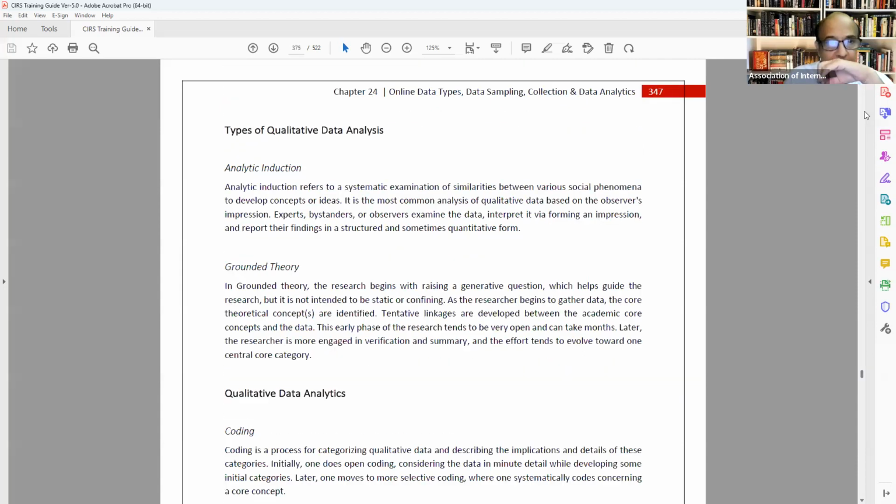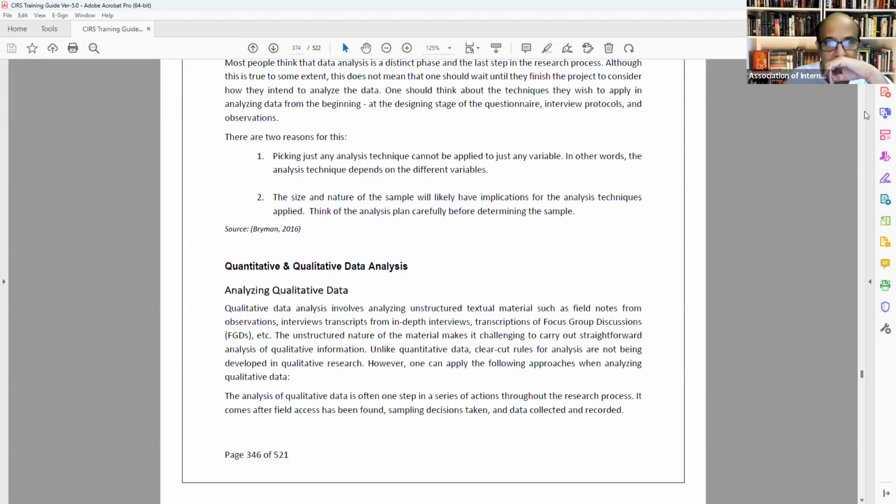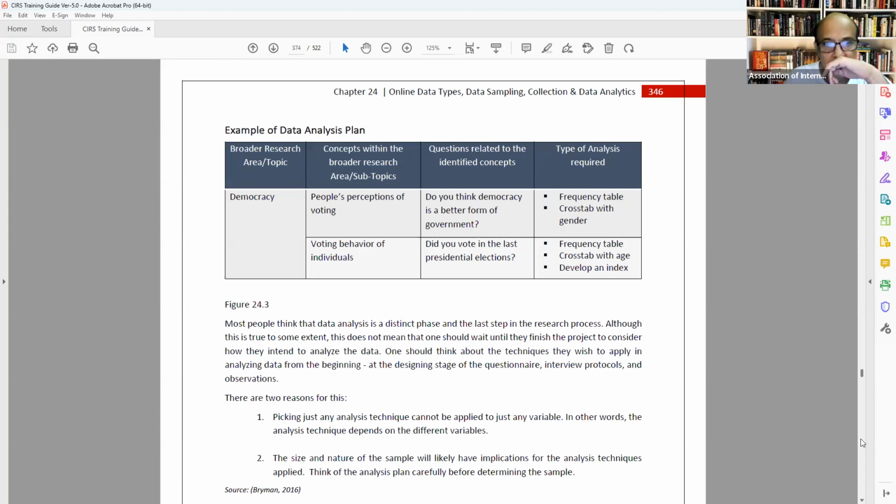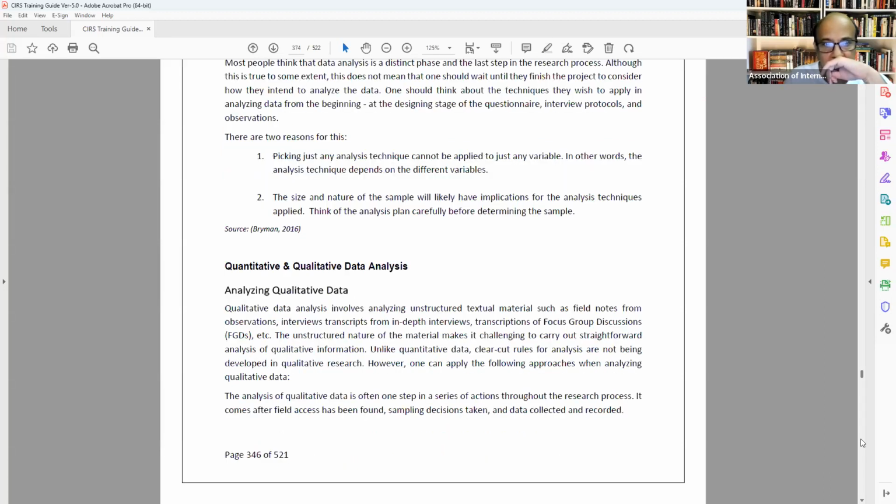Now coming to analytics. Now, what about analyzing qualitative data?